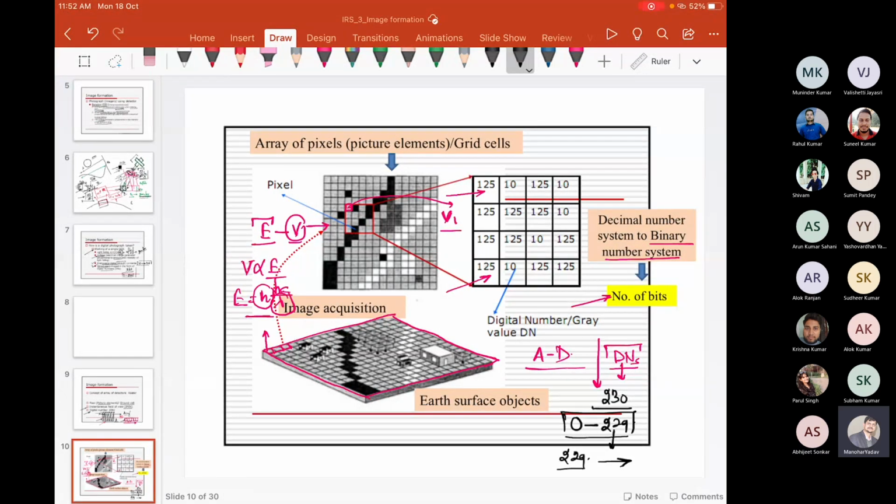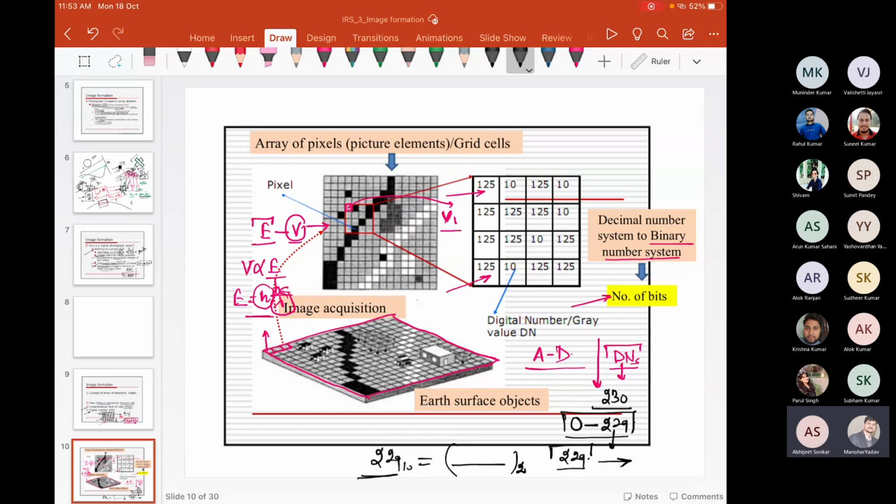See, this is a simple problem of conversion of a number from one number system to another. Here it is a conversion of a decimal number into the binary number system. 229 is given in the decimal number system, you can say it's 229 base 10, and we want to convert it into binary.